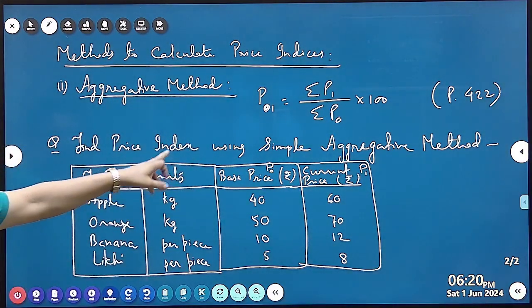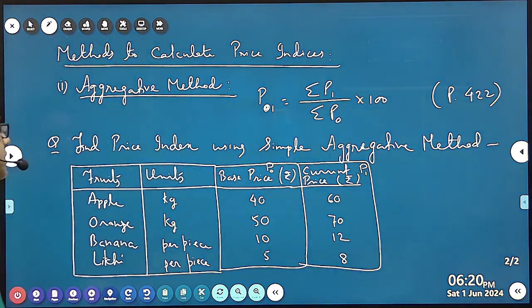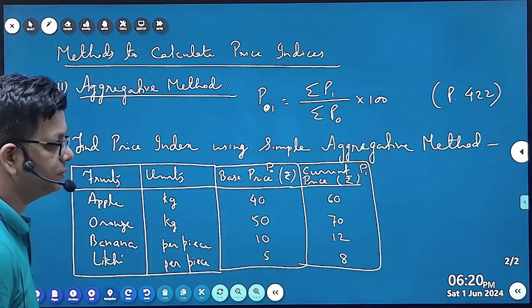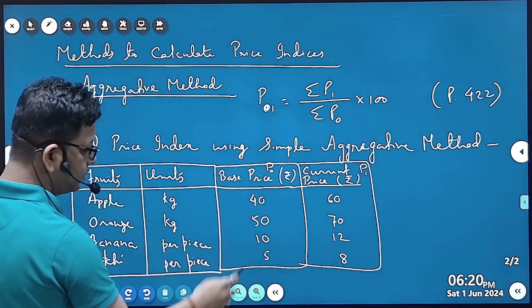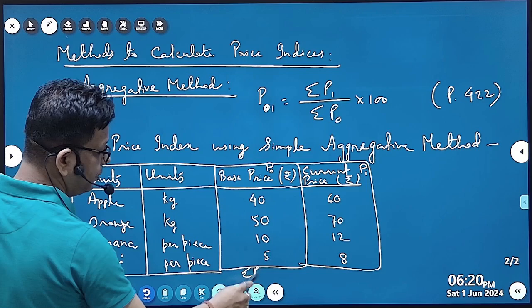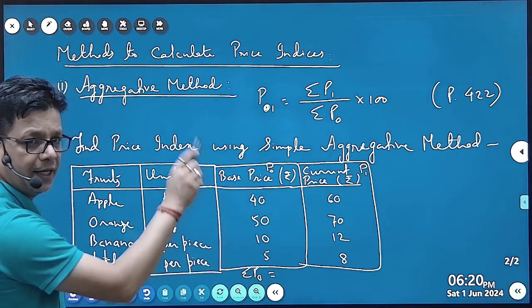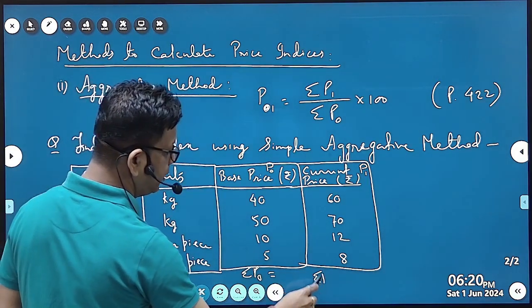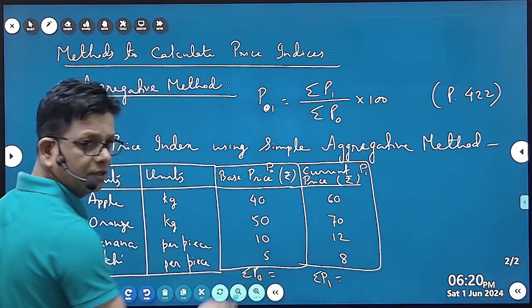So you are asked to calculate the price index using this simple aggregative method. This is very easy in fact. So this is P naught, base price. You just have to take summation of P naught, that means you add them. Here also you have to find summation of P1. How much is this?